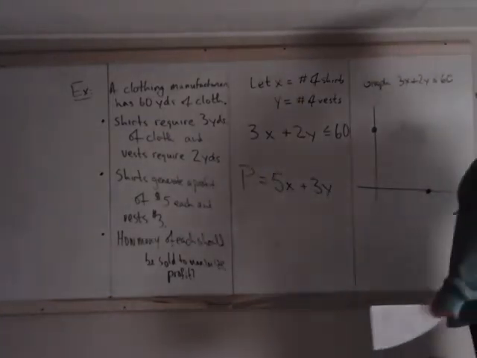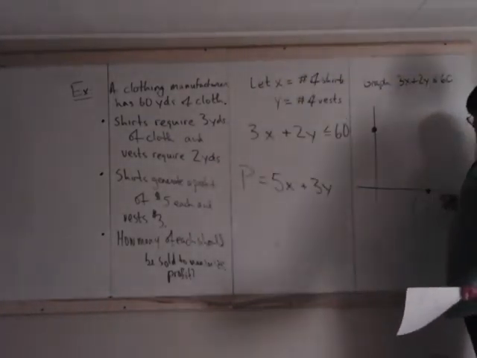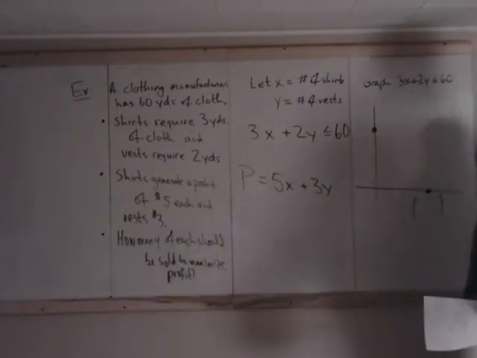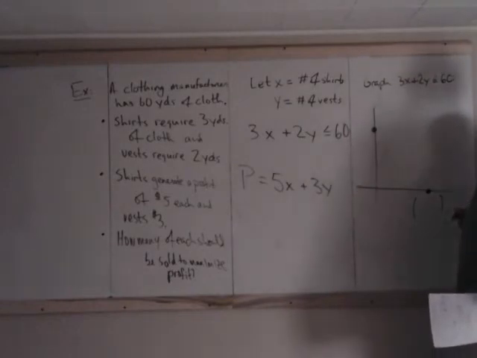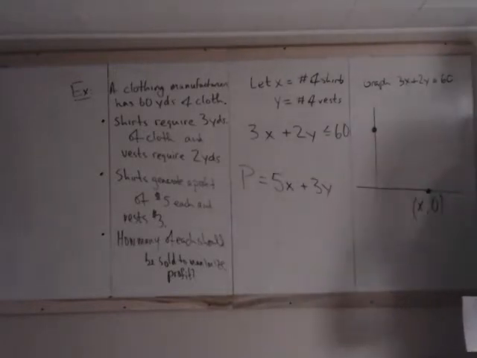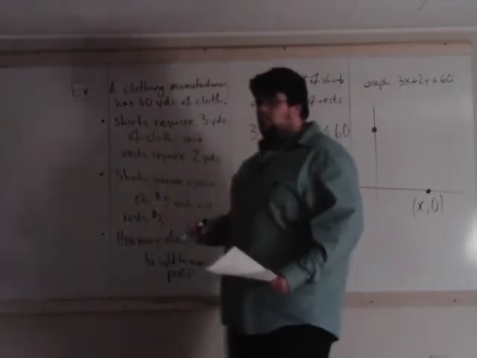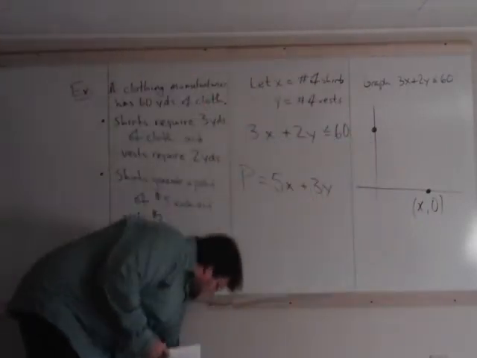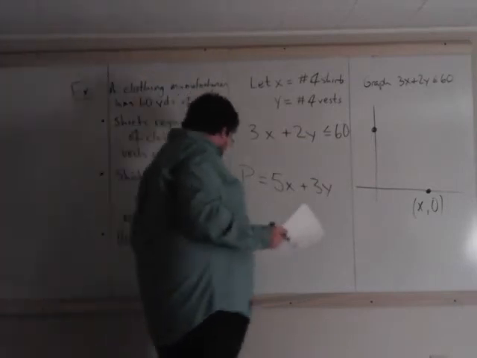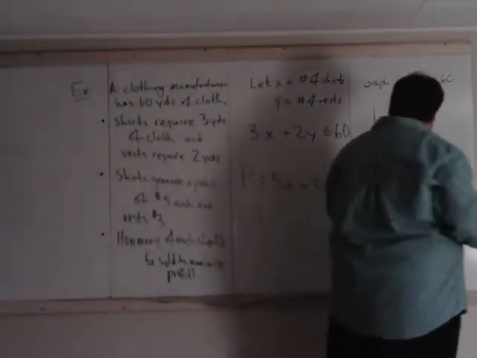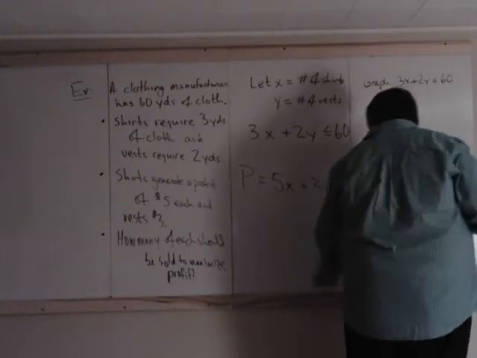How do you find an x and y-intercept? Well, what's the ordered pair? Let's do the x-intercept first. What's the ordered pair on an x-intercept? Well, it goes over x, up 0. So an x-intercept will occur when y equals 0.